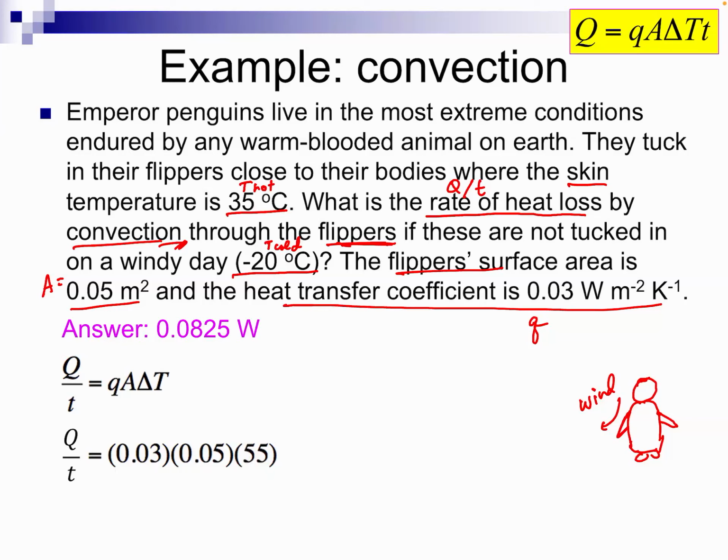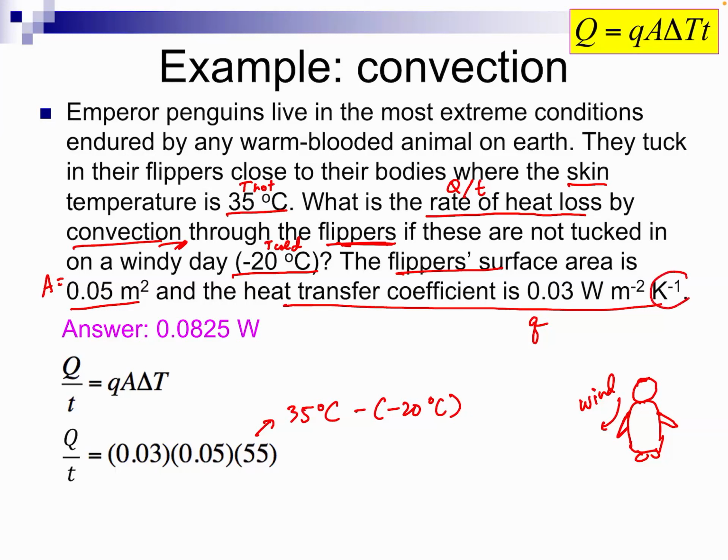So you have 35 degrees Celsius minus 20 degrees Celsius, which gives you 15 Celsius, which is equal to 15 Kelvin.